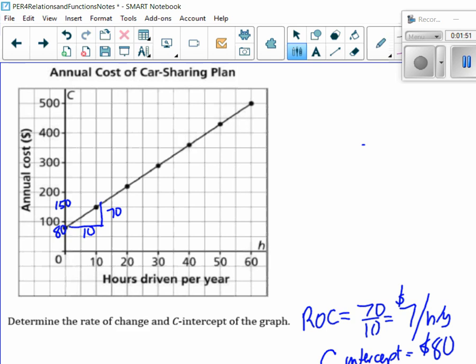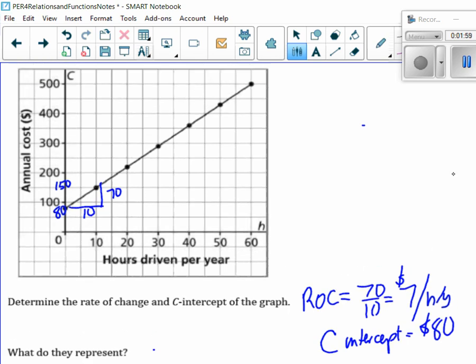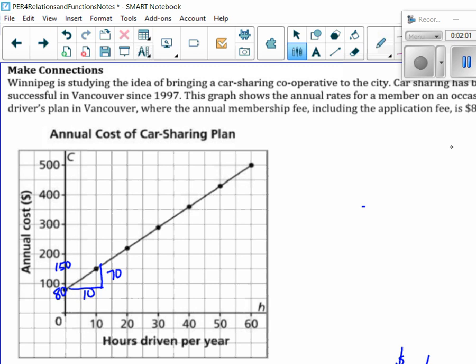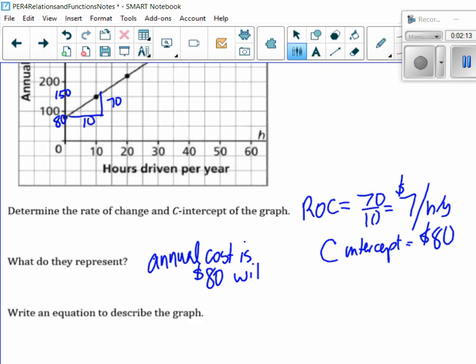What does the C-intercept represent in this scenario? Annual cost is $80 without even driving, without even using the car, I would say, something like that.